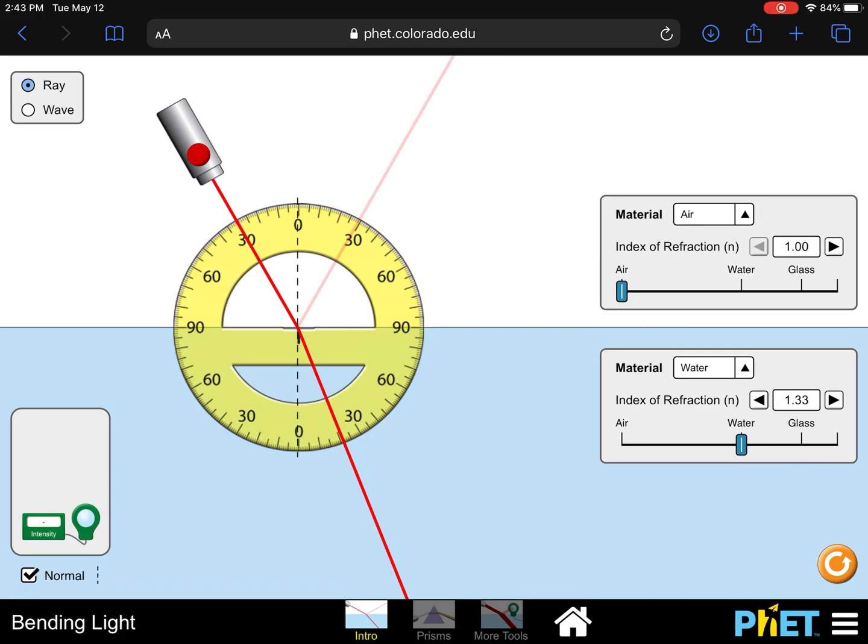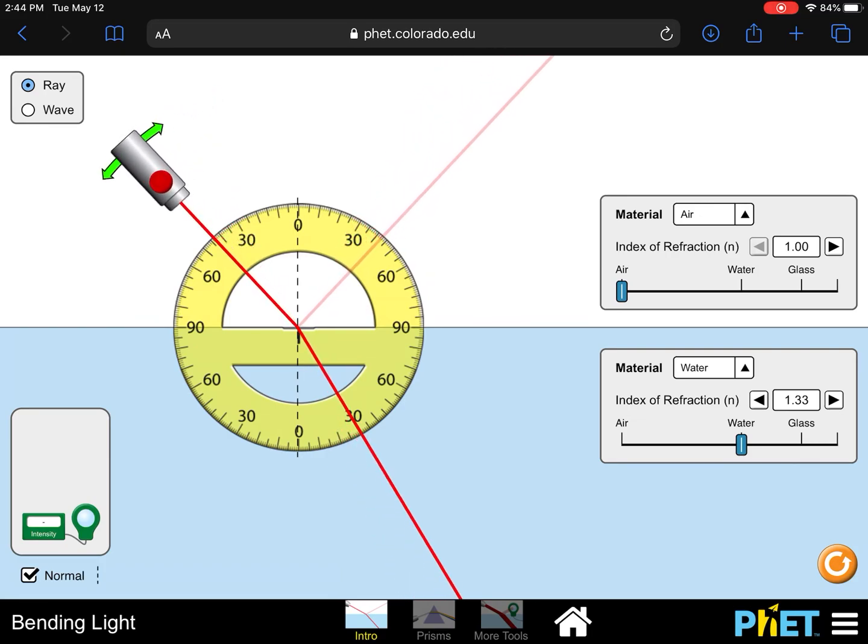I don't think I could write on this. So between the top of the protractor, 0 and 30, that is our angle of incidence, our incoming ray. Now the angle on the bottom within the water, the blue area, that's not our angle of reflection, but in this case, angle of refraction. So again, it is measured to the normal line.